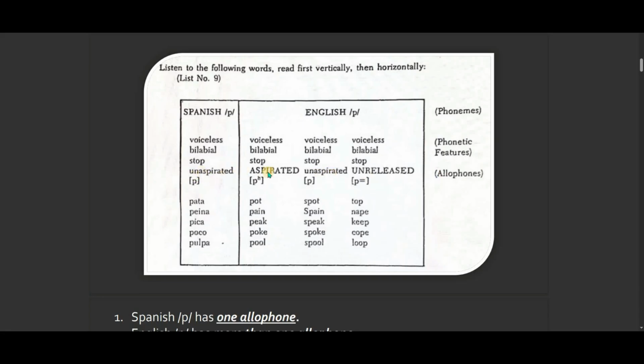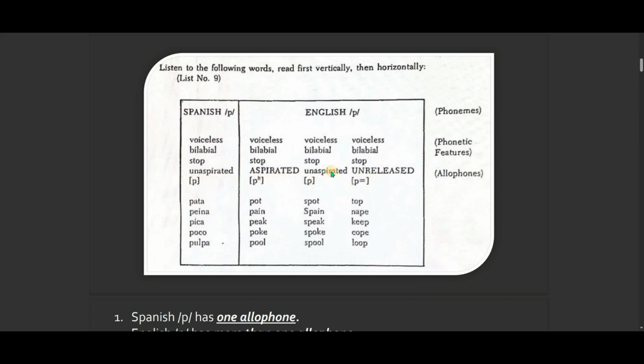And this last one shows the symbols for the different allophones of the same phoneme.